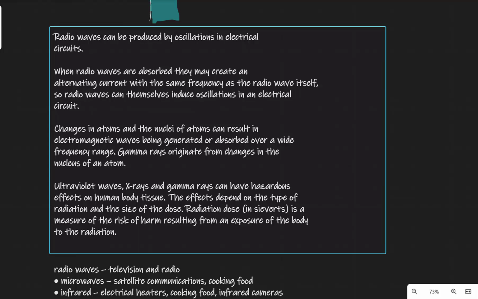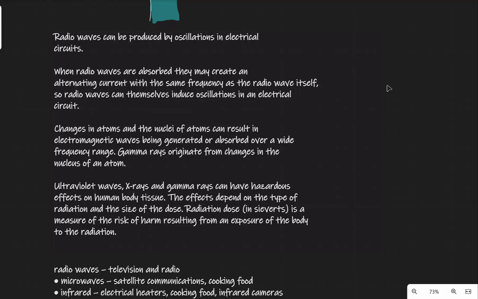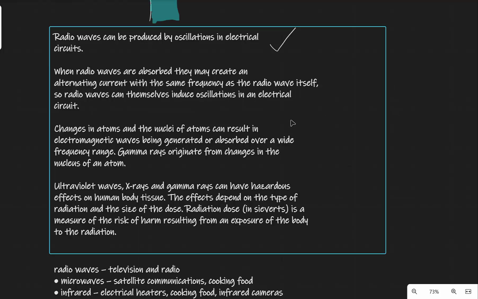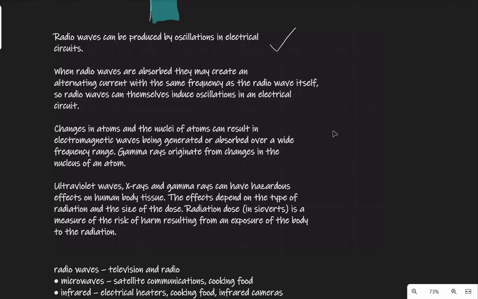Here are a couple of notes. Radio waves are actually produced by vibrations of electrical currents in electrical circuits, and this is actually how mobile phones work and radio as well. When radio waves are absorbed, they actually create an alternating current with the same frequency as the radio wave itself, and when they're picked up, they create those oscillations in electrical circuits, and this is essentially how radio works.